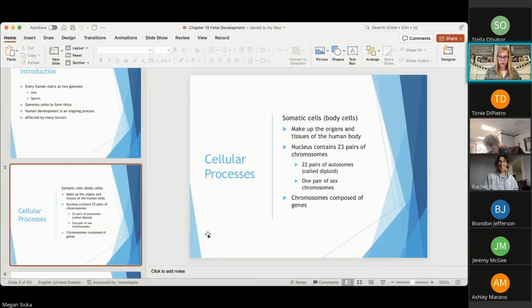Okay, so we have two types of cells. We have our sex cells, which we'll talk about in a second, and we have our body cells, which are called somatic cells. Our somatic cells make up everything else, all of our organs and our tissue. Somatic cells have 23 pairs of chromosomes, so 46 total.